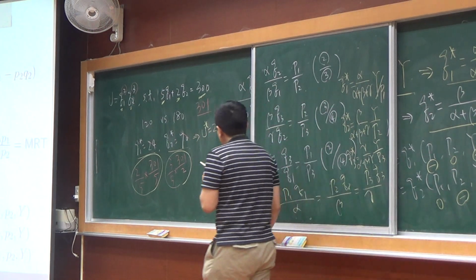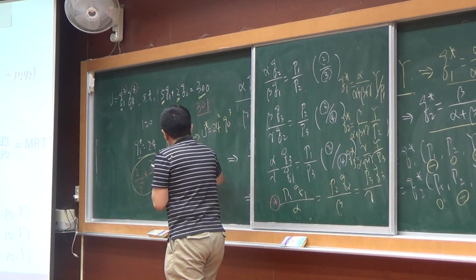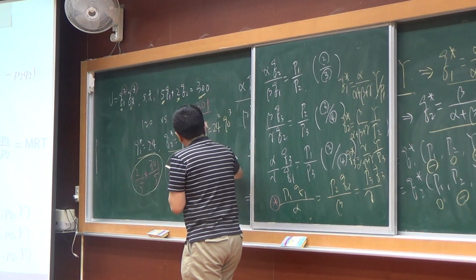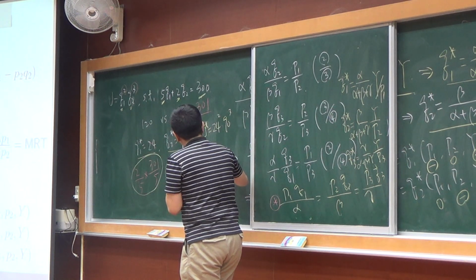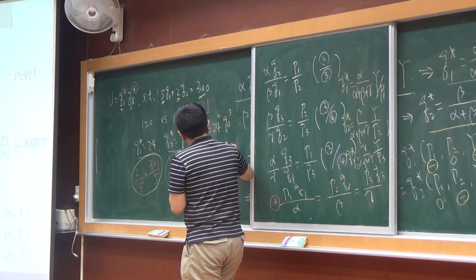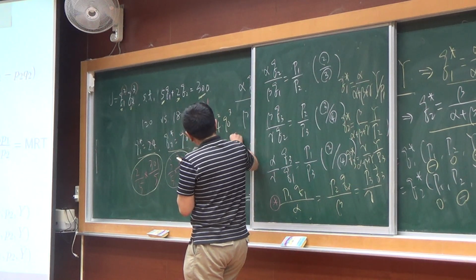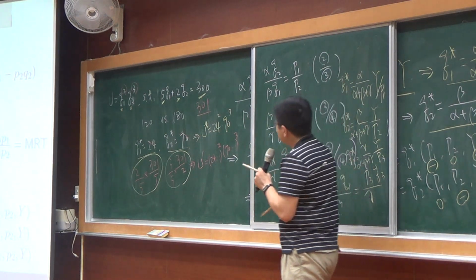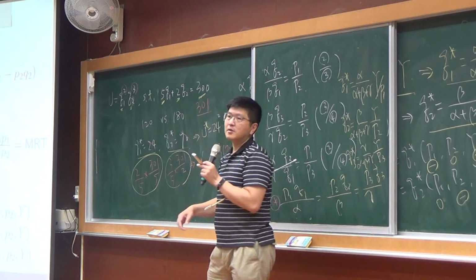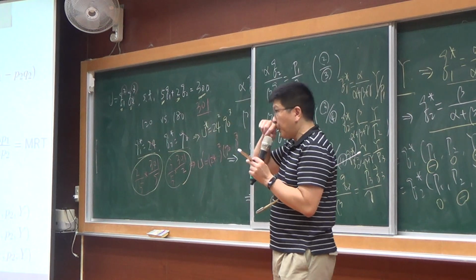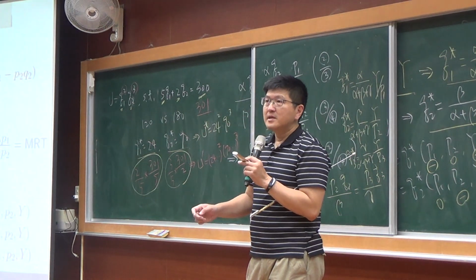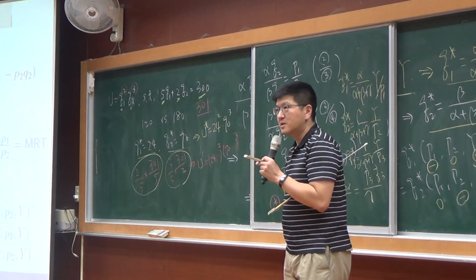And now, our utility would be 24 point something to the power of 2 and 90 point something to the power of 3. Is that right? So do you think U prime is higher or U star is higher? Which one is higher? U prime, right? A bit higher than U star. Is that clear?